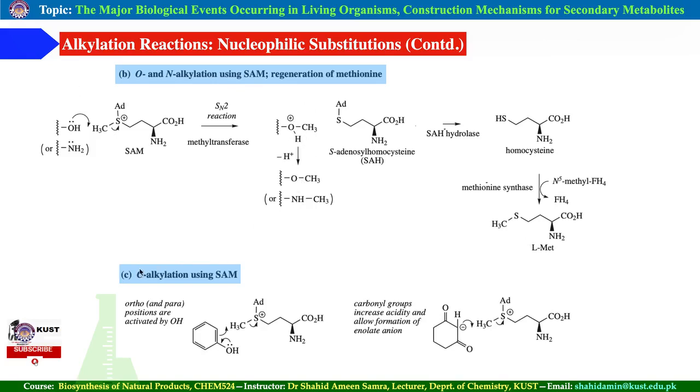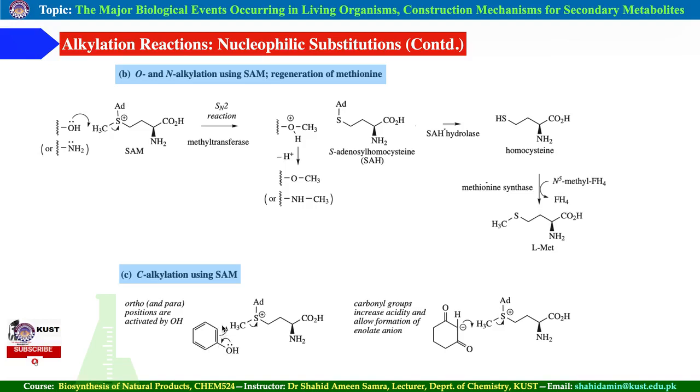Now, if we talk about the methylation or alkylation at carbon position, that is the C-alkylation, the same reagent can take part in that reaction, but for that case there must be some activating group, like we are having here an OH group. OH group may react this way and it will get converted to O-methylated product. The carbon atom that is present immediate to the carbon containing this OH group is the vicinal carbon.